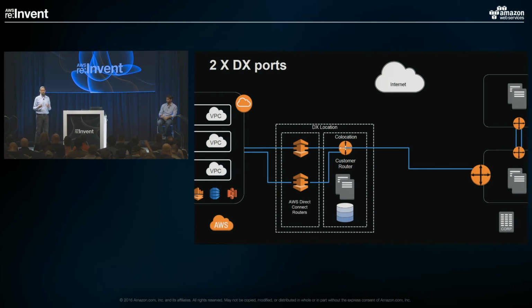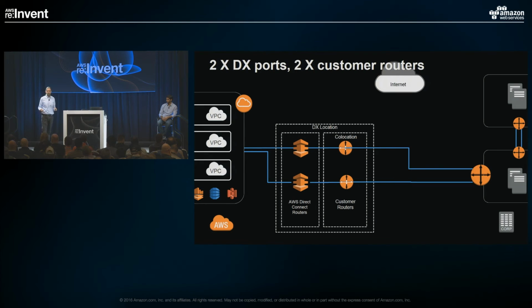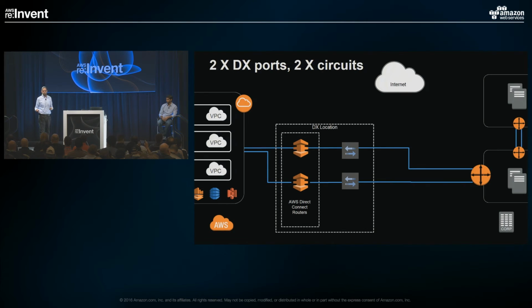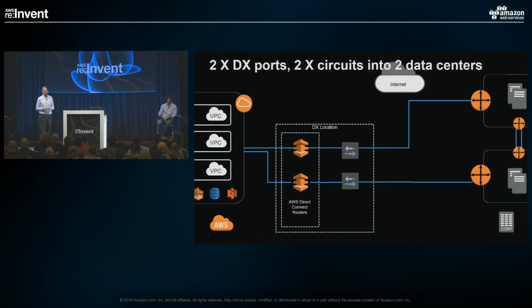Now, it's important to note that while you gain device redundancy on the AWS router, you will likely also want device redundancy on your piece of equipment, and that depends on how you're physically connected. So it may mean that you need to add another router in your colo cage, or build a second circuit into and connect it to the same data center. Or perhaps build out that second circuit from a second data center, depending on how your data centers are interconnected. This may offer a higher level of resiliency.